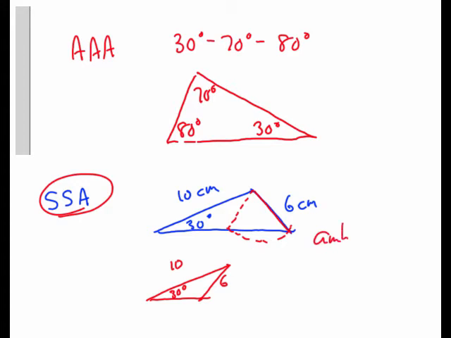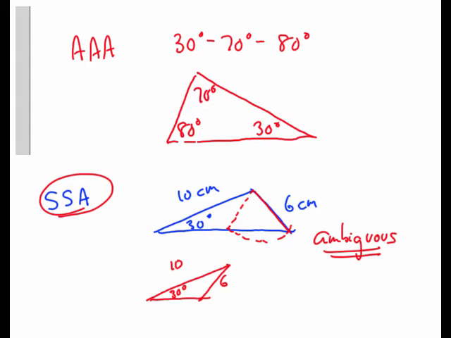And we call this the ambiguous case because we need to be mindful that there might be, in some cases, no triangle, 1 triangle, or 2 triangles. You might wonder, well, how am I going to recognize which it is? Well, I'm going to do an example of that in a minute, and you'll see how that works.